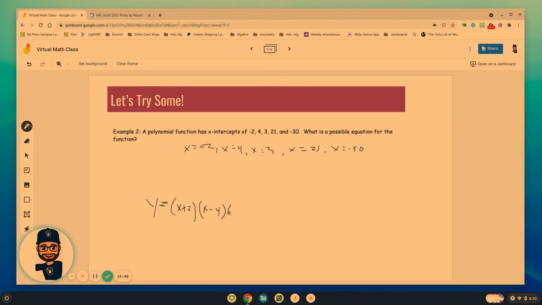If an x-intercept is 3, that means I needed x minus 3 as a factor. If I've got x equals 21, that means x minus 21 had to be a factor. And if I've got x equals negative 30, that means x plus 30 needed to be a factor. And that is a possible equation. There'd be a lot to multiply there if you wanted to go to standard form, but we can leave it as a factored form to show that is a possible equation.